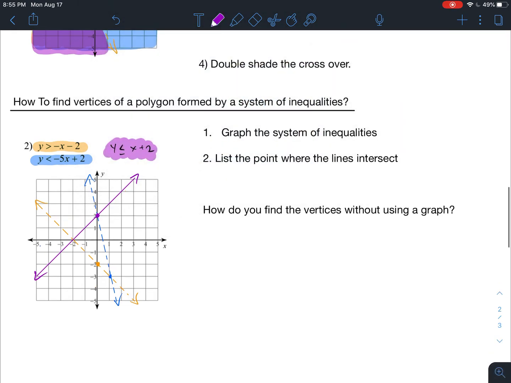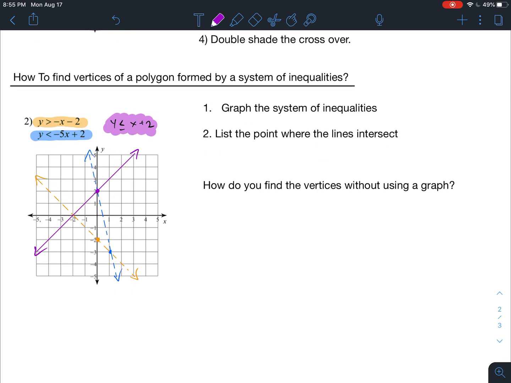So let's go ahead and do that. We're only going to do 2 lines at a time because it will be easier that way. Let's take the 2 equations that we have and label them 1, 2, and 3. Let's start with 1 and 2, which is our orange line and our blue line.